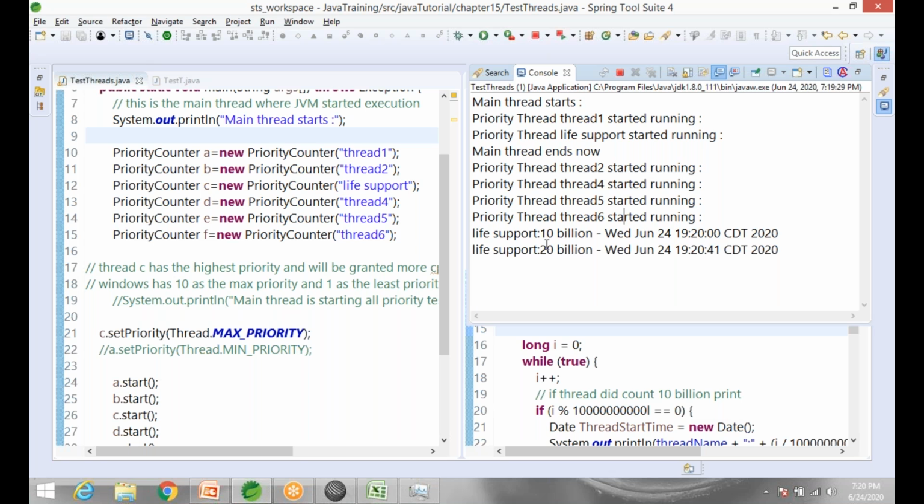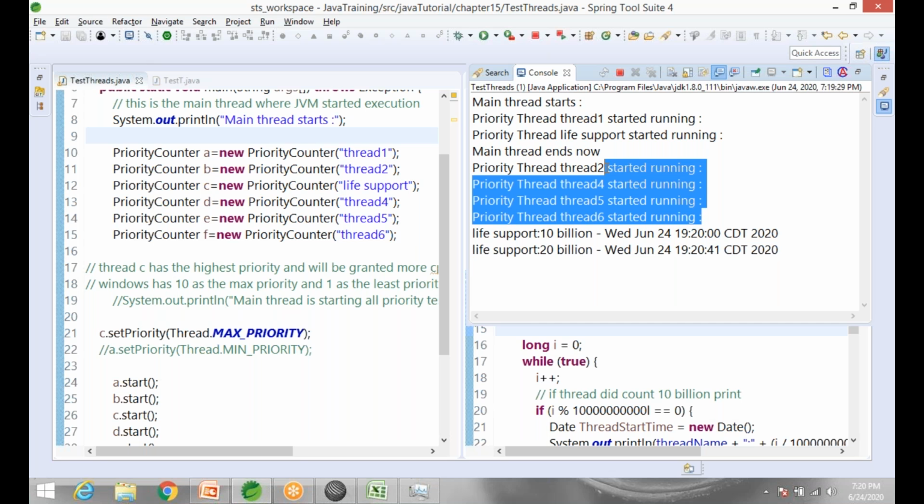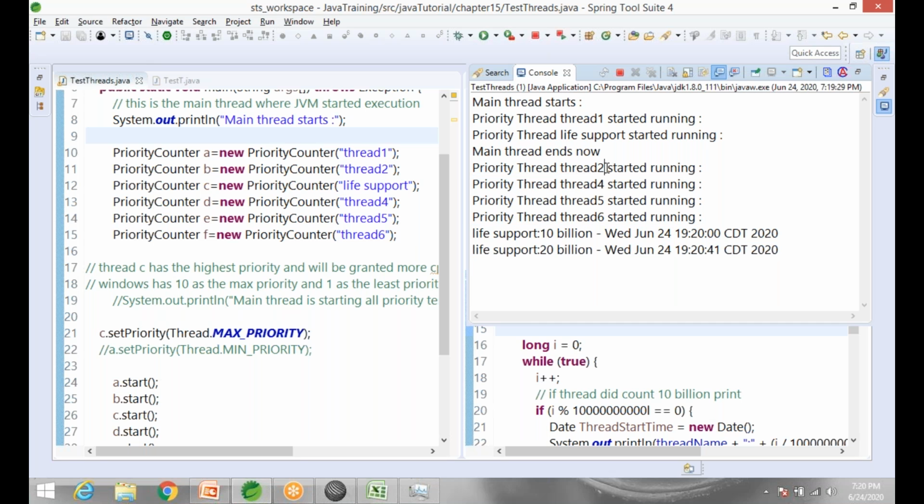The life support already calculated 20 billion. Other threads are not even close to 10 billion. Okay, they will get their chance. Just because you say maximum priority, it doesn't mean other threads will never get a chance. They will get a chance, but they have to fight for the CPU time with the other remaining threads.